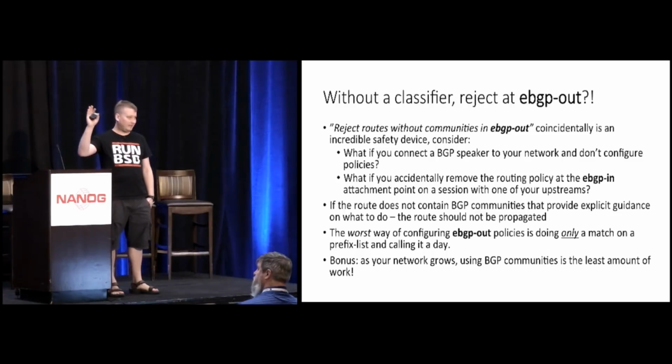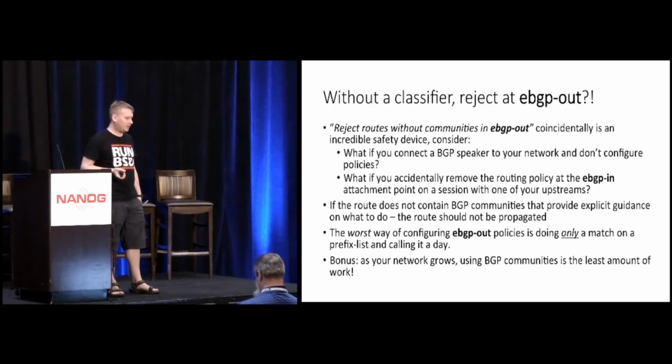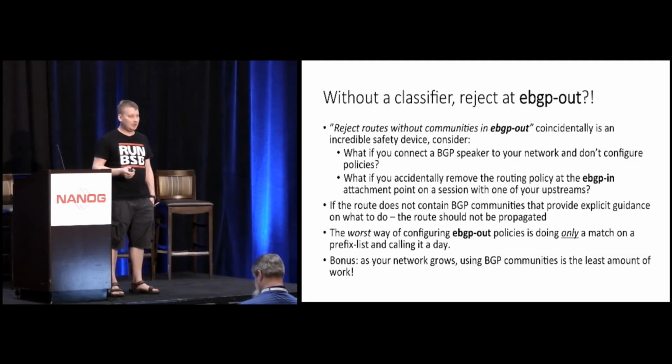Imagine you're in a very large organization, and one of your colleagues on another continent experiments in the production network and accidentally hooks up, I don't know, a DDoS scrubber that announces routes. And for some reason, he forgot to apply any sanity policy on that BGP session.